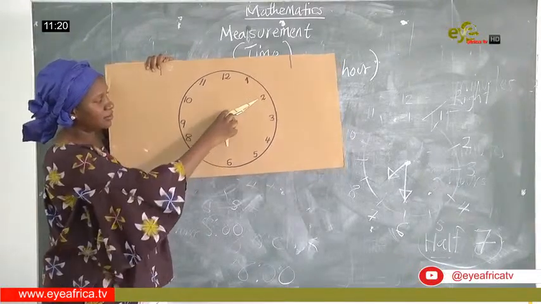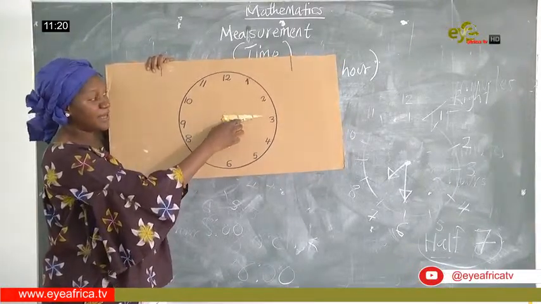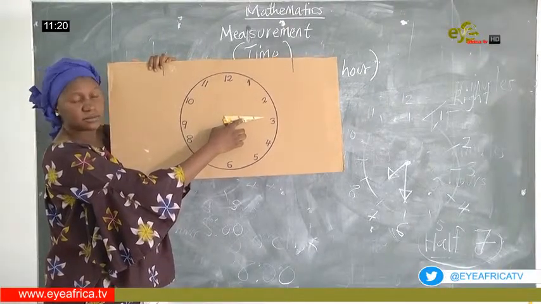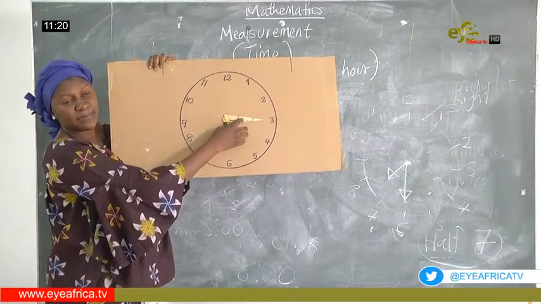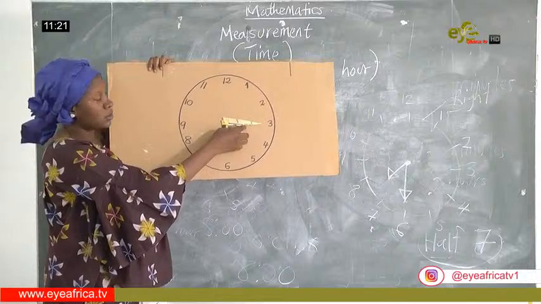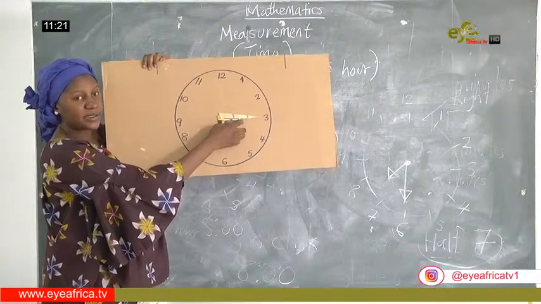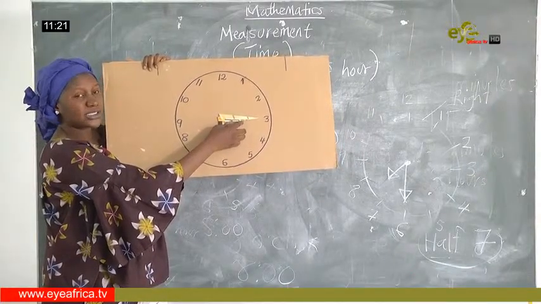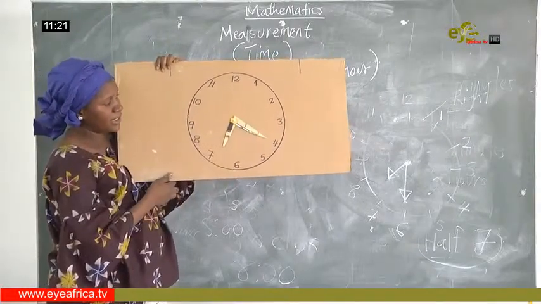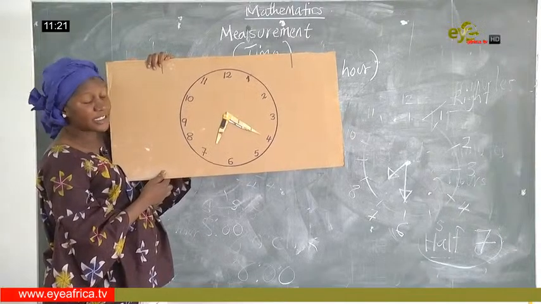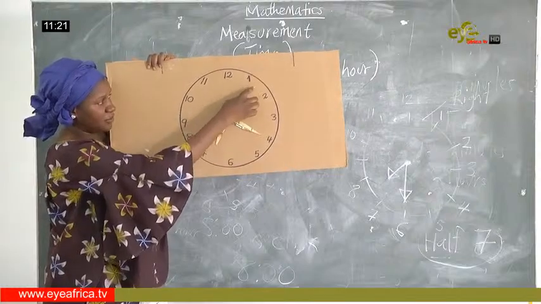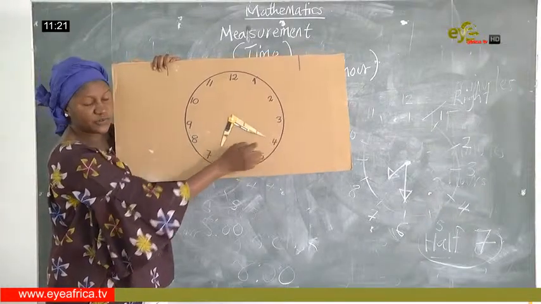You have 10. When the longer hand is at 3, it is 15 minutes past. We call it quarter past, because now we divide the time into 4 equal parts. When it is at 4, it is 20 minutes past. That is 5 plus 5 plus 5 plus 5.